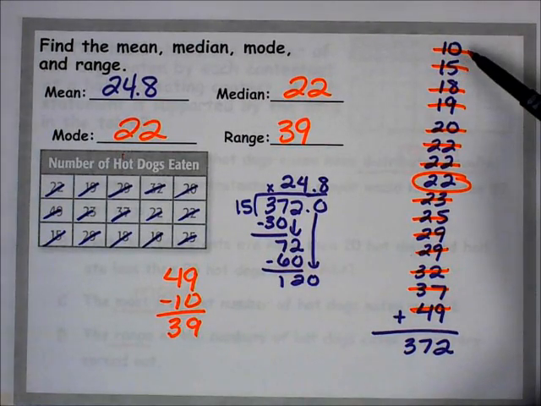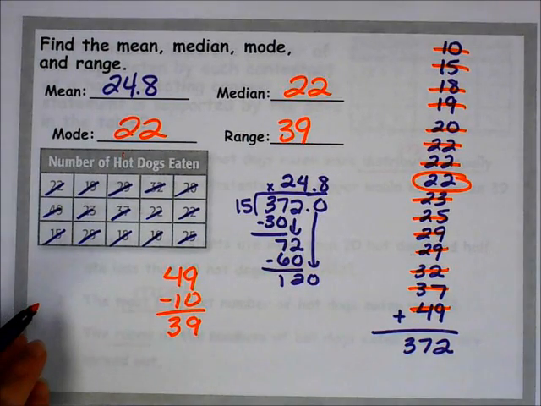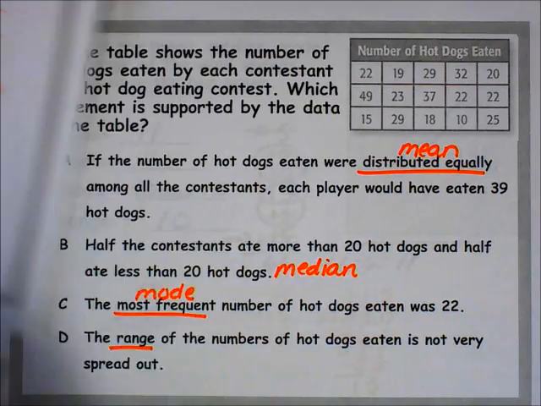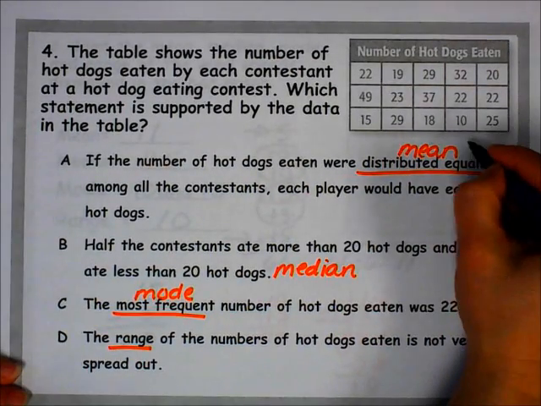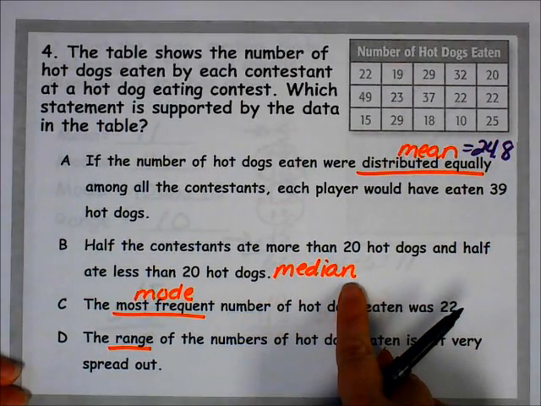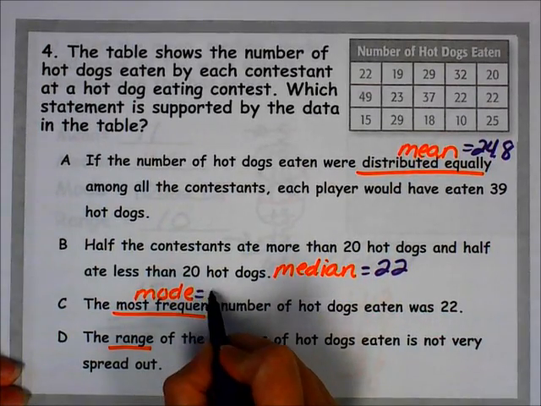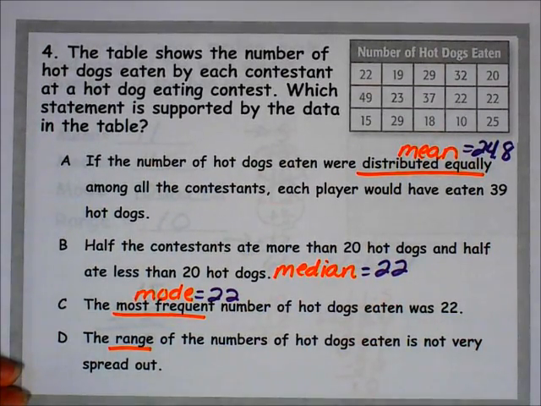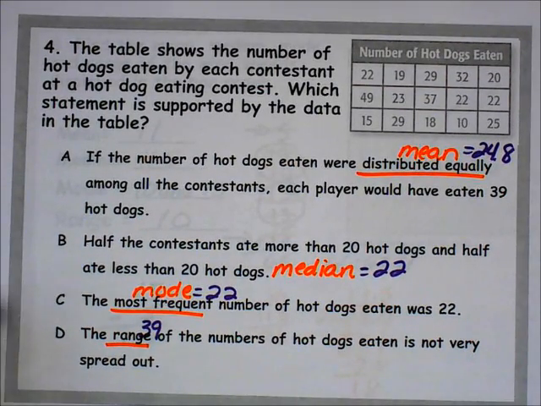And then your range, your highest minus your lowest, was 39. So now let's go back and compare our answers. Our mean was 24.8. For our median, we got 22. For our mode, we got 22. And for the range, we got 39.